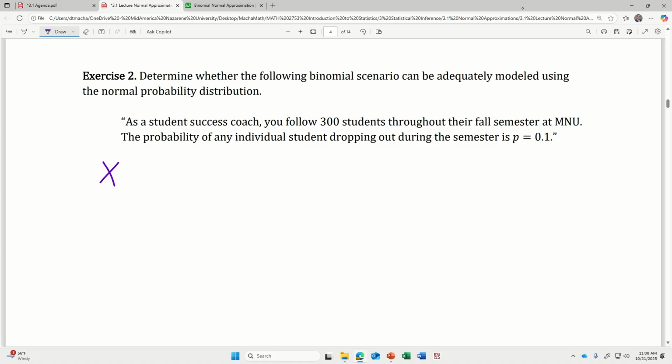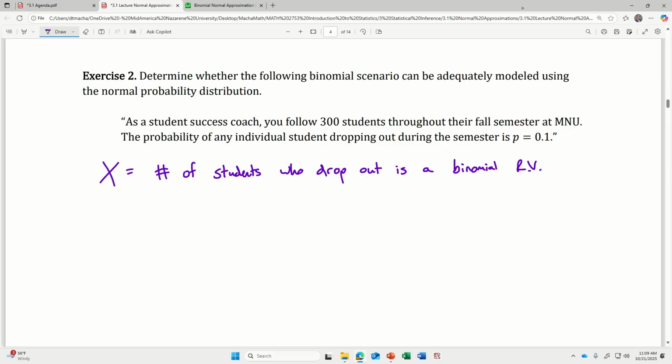The number of students that drop out is a binomial random variable. Each student represents a Bernoulli trial. Either they're going to succeed in finishing out the semester and remain enrolled, or they're not. And each student has this probability that they're going to be leaving MNU. And so we can treat this like a binomial distribution.